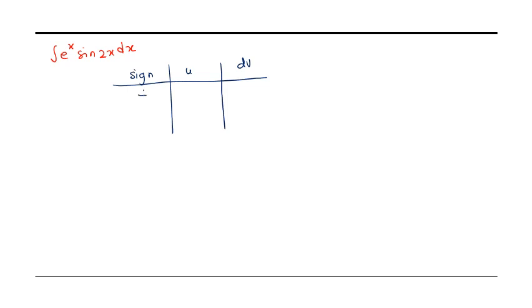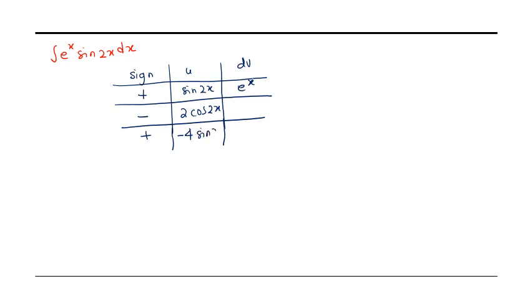Sin macam tadi lah, tambah, tolak, tambah. So u, kita pilih sin 2x, dv eksponen x. Differentiate sin 2x dapat 2 cos 2x. Differentiate 2 cos 2x dapat 2 darab 2, jadi negatif 4 sin 2x. Integrate eksponen x, eksponen x, eksponen x.